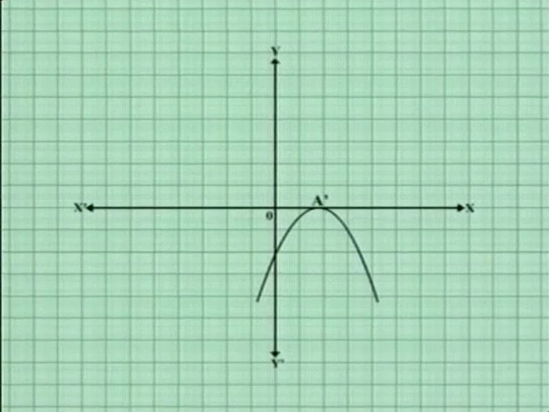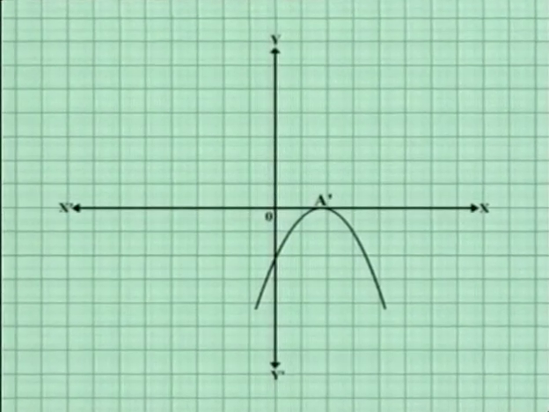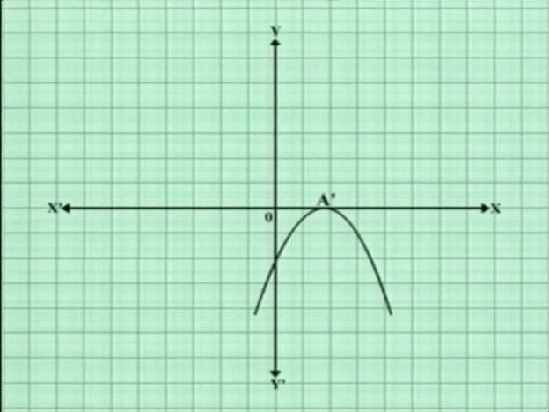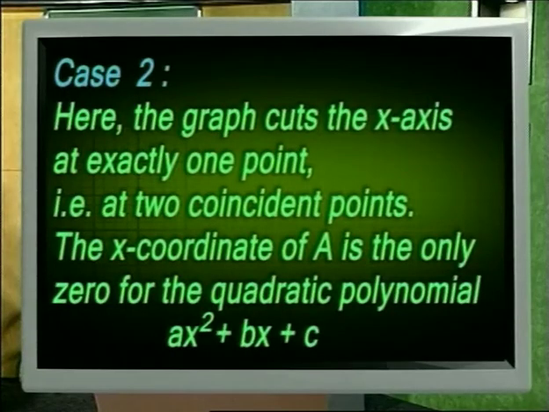Now in this case, we can see that the graph cuts the x-axis at exactly 1 point, that is at 2 coincident points.